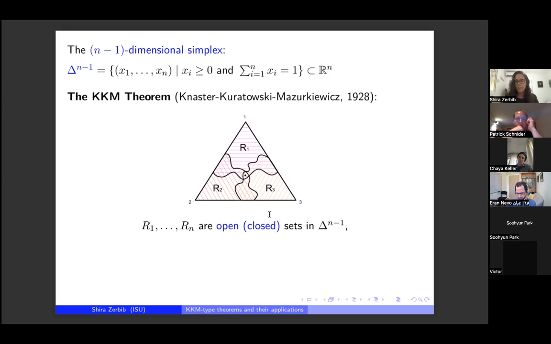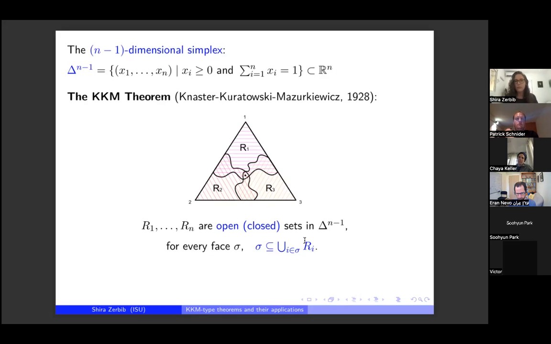And if we want to write this condition, then it is that every face sigma of the simplex is contained in the union of the Ri's, where i is a vertex in sigma.